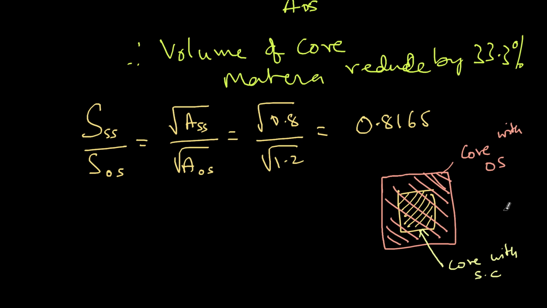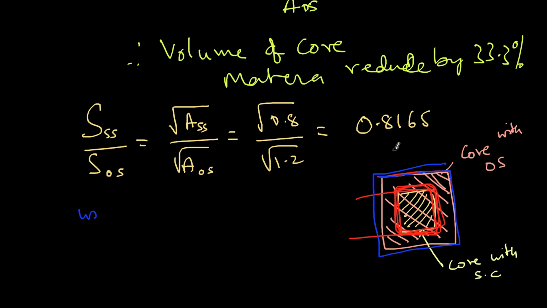Now I want to wind a copper wire around this. The perimeter will be the amount of copper wire. The number of turns will be the same. More copper wire will be required if the core is bigger, and less copper wire is required if the core is smaller. That is why I calculated this side.